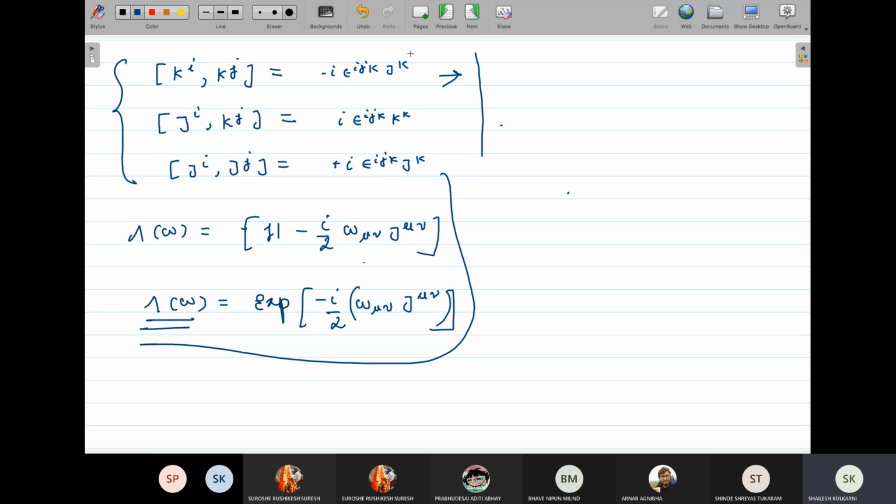Now we are discussing the generators for the Lorentz transformation, and we express the Lorentz transformation as the exponential of the generator, and the generators satisfy the given algebra.